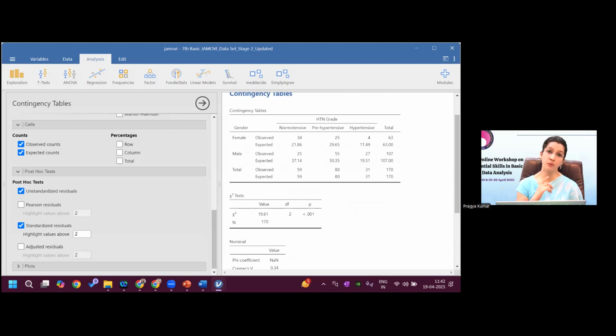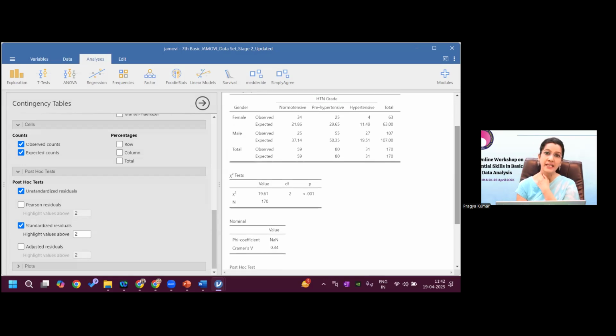But if I want to know in which category, then I may say that in normotensive and hypertensive, this association was more profound and it has influenced the chi-square value the most. So basically, that's how you interpret your post hoc test.